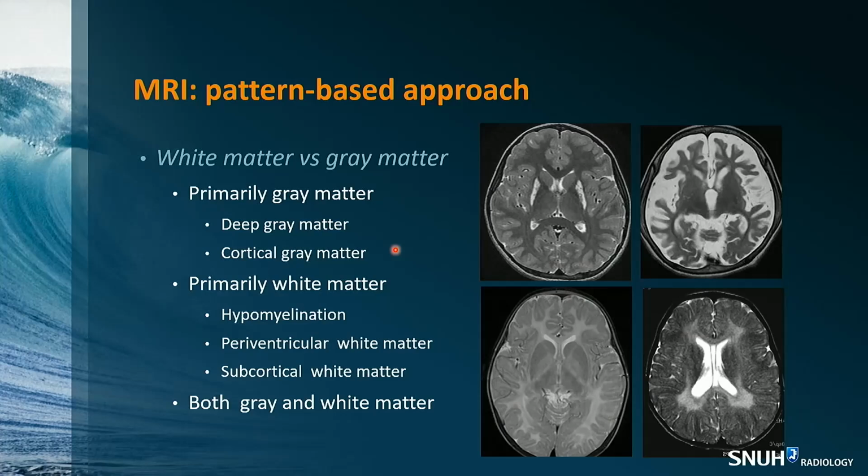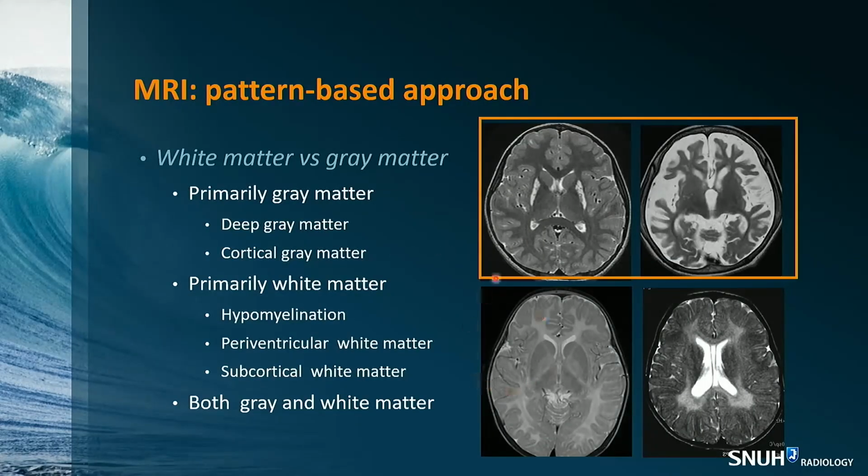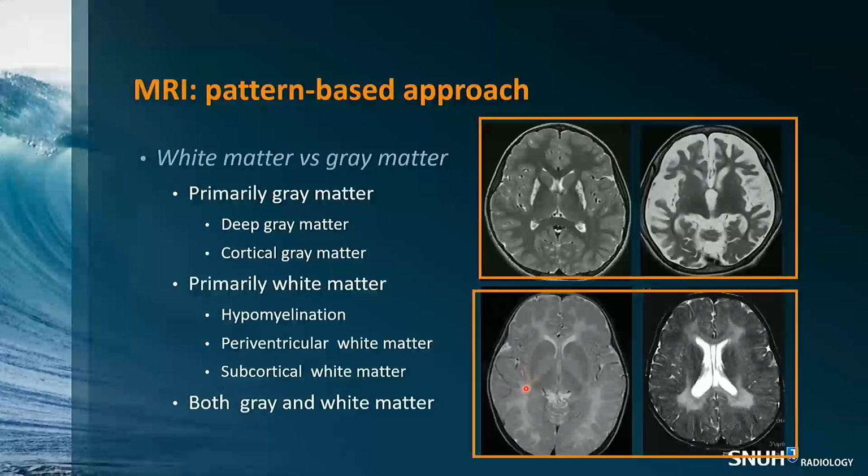Some inborn errors of metabolism predominantly affect gray matter, some involve the deep gray matter, while others involve the cortical gray matter. Some primarily involve white matter, like a hypomyelination pattern or periventricular white matter dominant pattern.